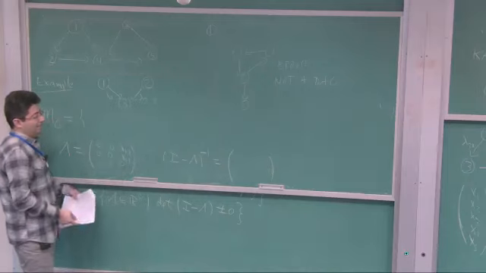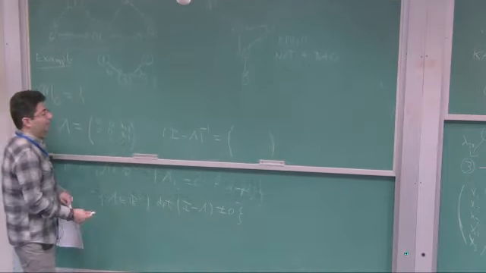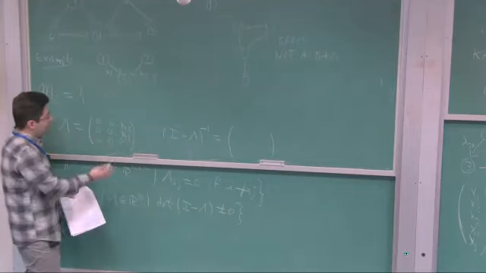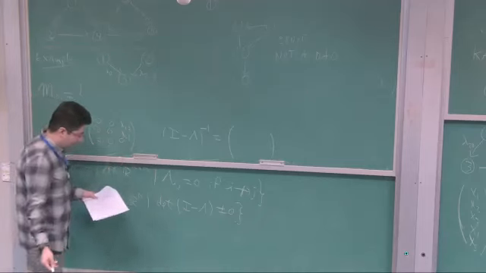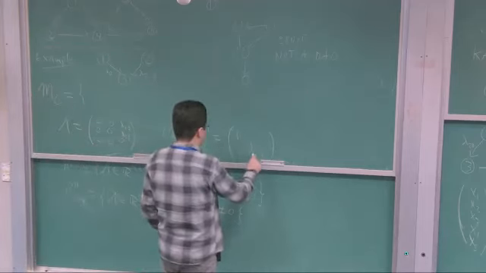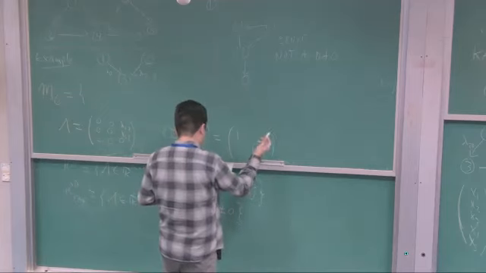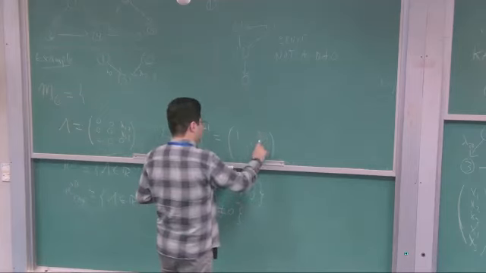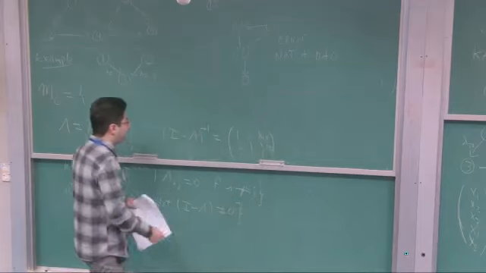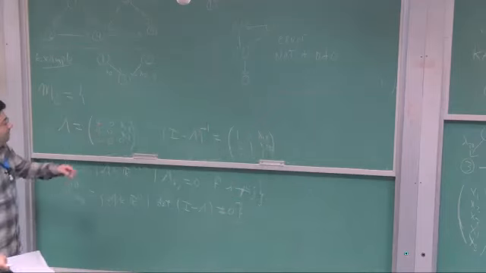And then you take the inverse. And well, normally inverses are messy, right? Like computing an inverse of a matrix. But in this case, it's so nice, right? That the inverse is just 1, 1, 1. And then just put the lambdas here. So that's the inverse of I minus lambda.